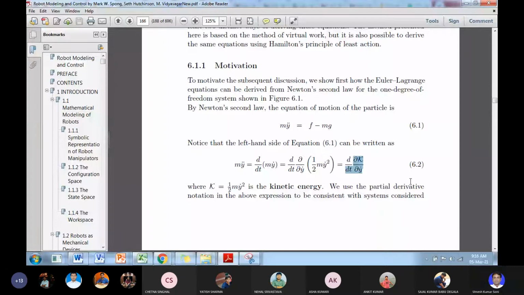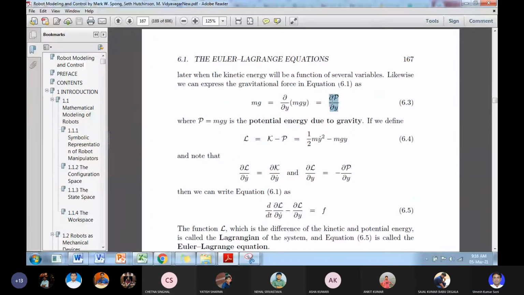The second term is here, this is potential energy, and a Lagrangian is defined as k minus p. Okay, so delta of Lagrangian with respect to y dot, what will be the value? This will be equal to this, and the derivative with respect to y will be negative of delta p by y, because you take the derivative of this Lagrangian equation with respect to this.